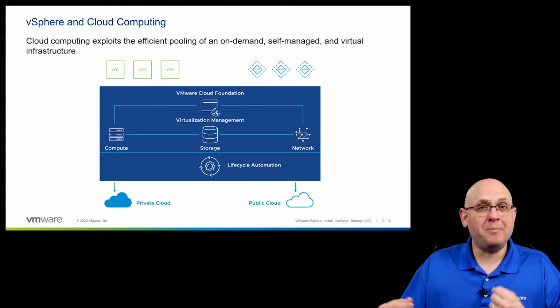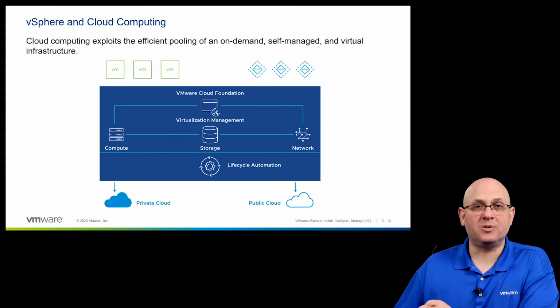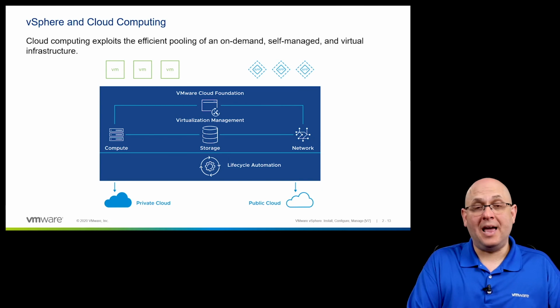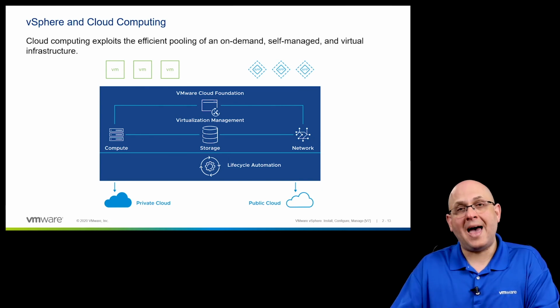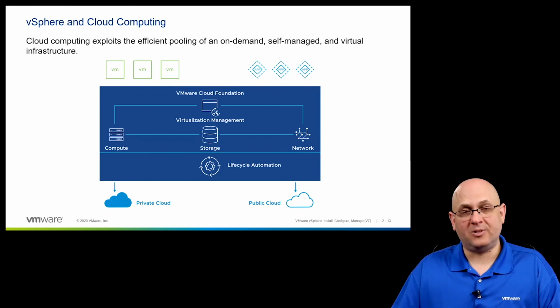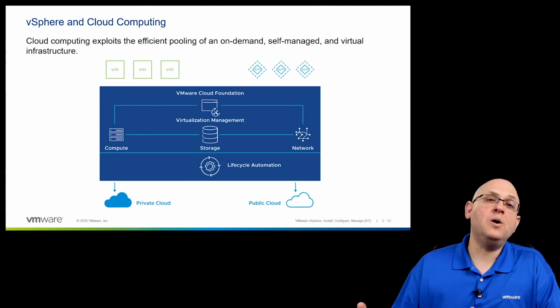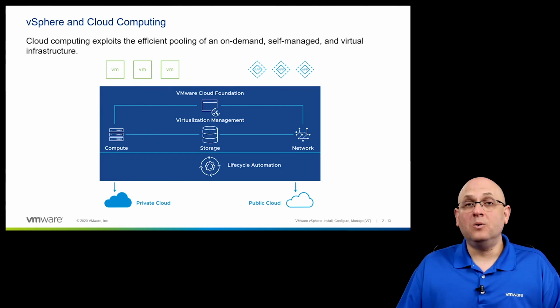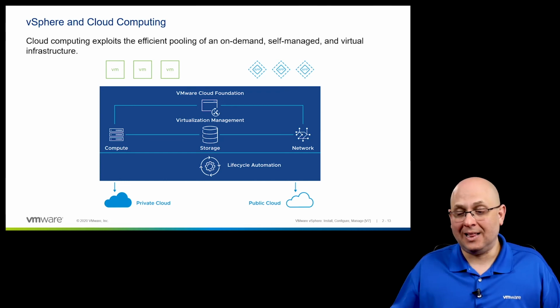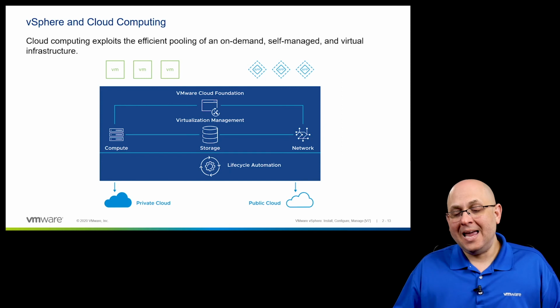So many public cloud providers like Amazon with AWS and Microsoft with Azure, okay? And IBM with their cloud infrastructure, and on and on and on. All of these hyperscaler infrastructure companies are now working with VMware to allow you to run your workloads really anywhere that you would like to go. Okay?